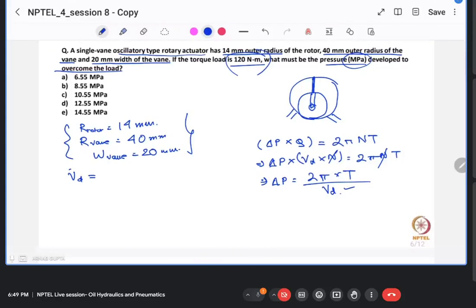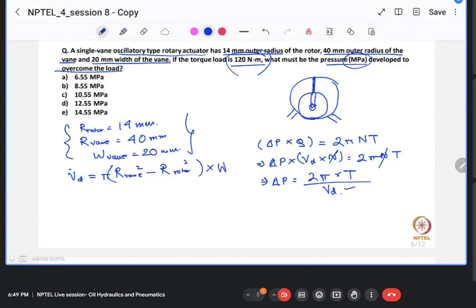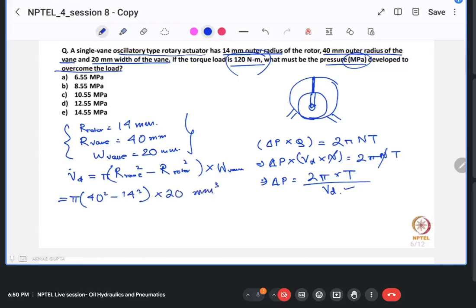So the annular space is nothing but pi R vane square, again this is not diameter so I'm not dividing it by 4, minus R rotor square, multiplied by W vane. Pi into 40 square minus 14 square multiplied by 20 millimeter cube.